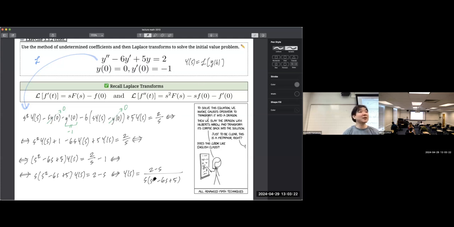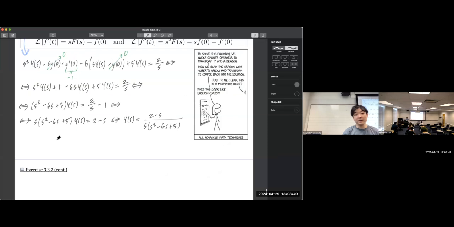So we just have to do the inverse Laplace transform. So what's going on is we're taking our problem and transforming it using the Laplace transform. That has the effect of taking a differential equation and making it into an algebraic equation. We solve for the capital Y of s, but that is the Laplace transform of our solution. So we just have to invert this back. So we're just going to take the inverse Laplace transform of this thing right here.